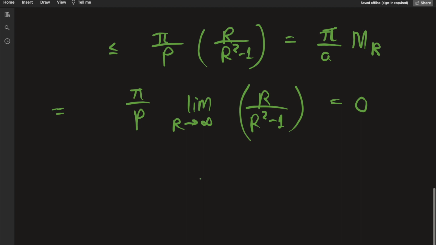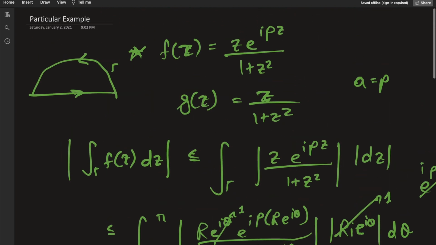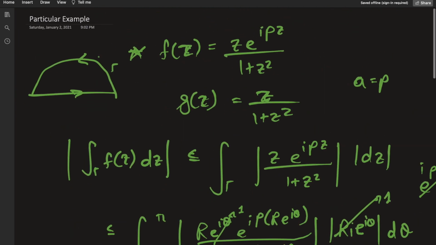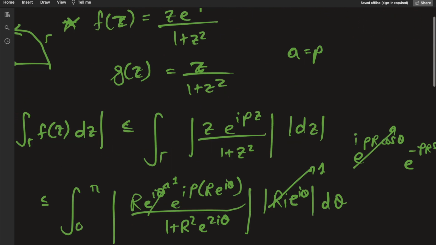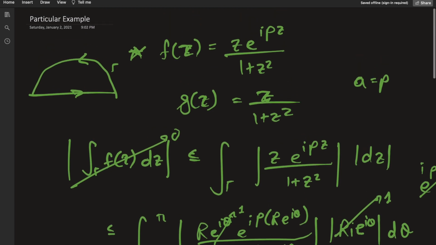This becomes 0. This is actually the right way of doing that series of inequalities and then proving that the integral over gamma goes to 0. This is actually the right way. So this guy goes to 0, which means the inner guy goes to 0. So the integral of f of z dz over gamma is 0. This is the right way.